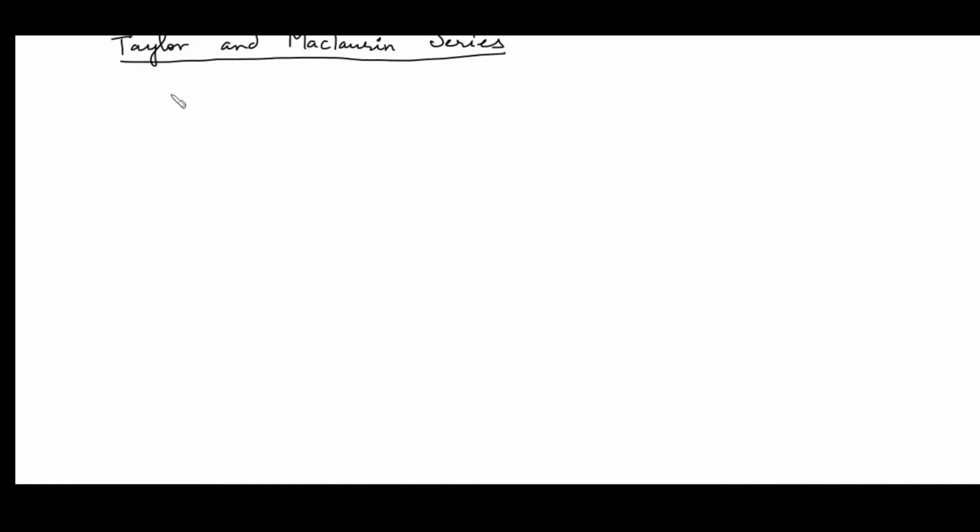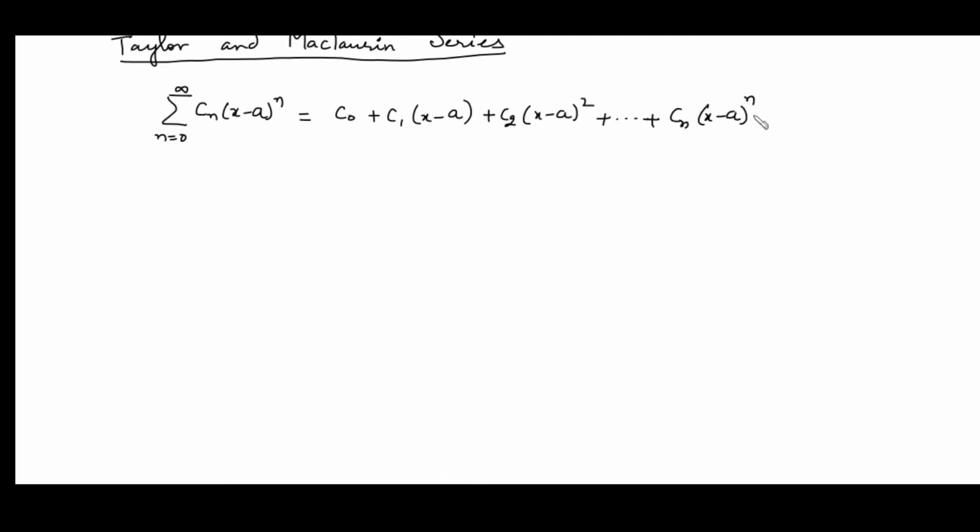To define the Taylor series, just see, we are given a power series of the form Cn into x minus a to the power n. When you put n to be 0, you will get C naught. N to be 1, you will get C1 into x minus a, plus C2 into x minus a whole square and so on, plus Cn into x minus a to the power n and so on.